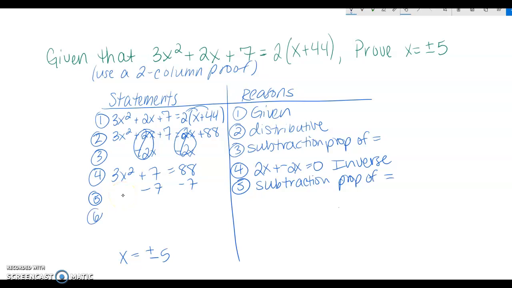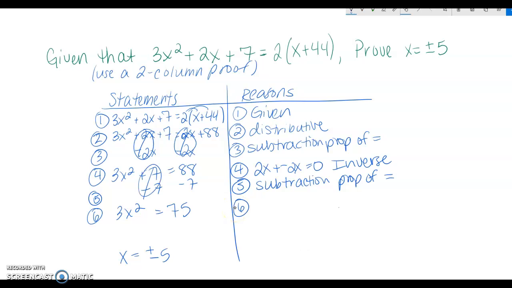Then we bring down 3x squared equals 88 minus 7, which is 75. And then we can also say, if you really wanted to, substitution. Actually, it's here.